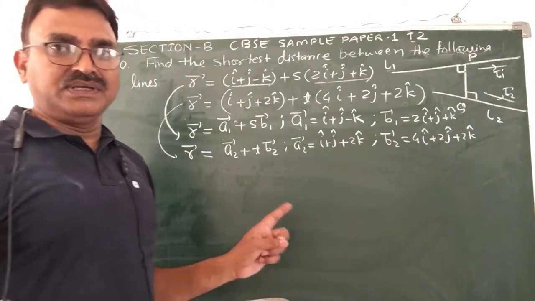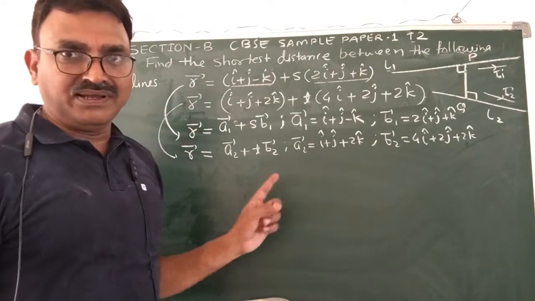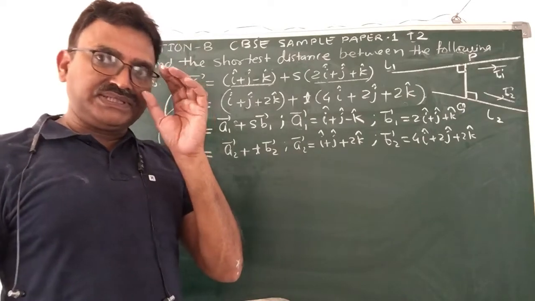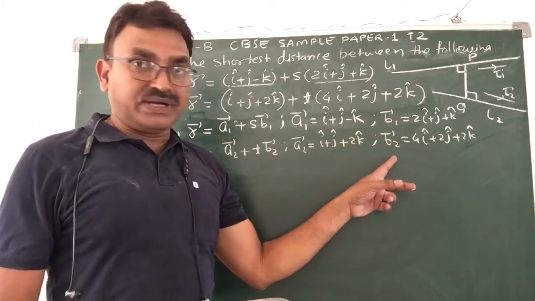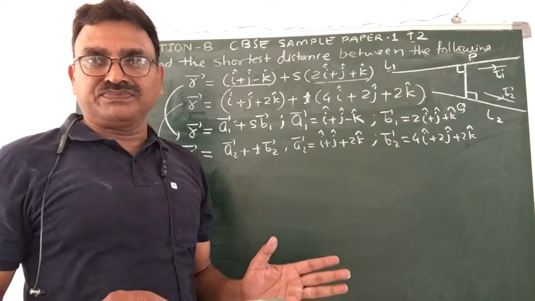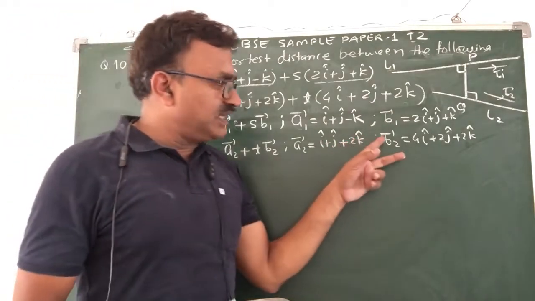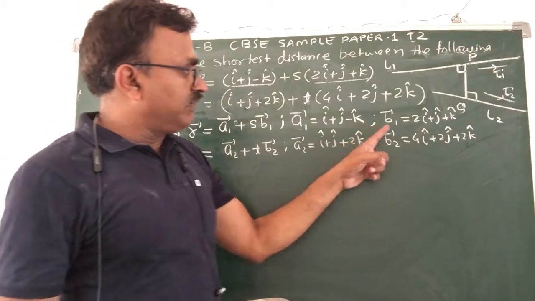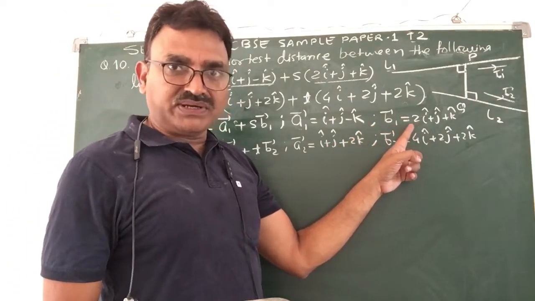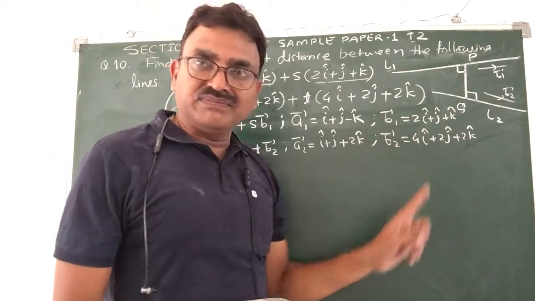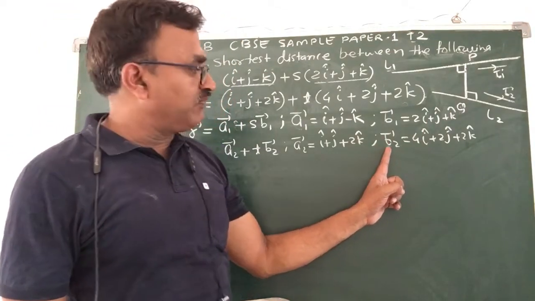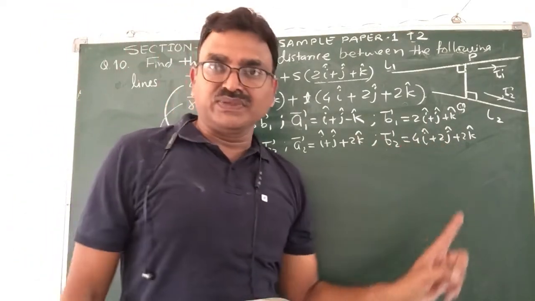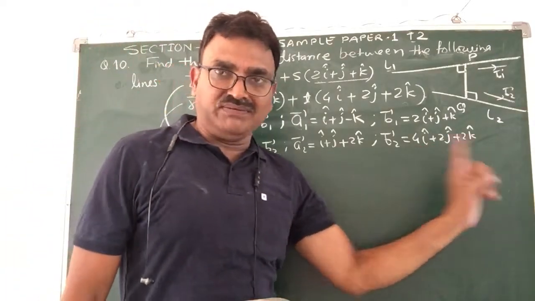But it is very important here: first we check whether b1 vector and b2 vector are parallel or not. The direction ratios of vector b1 are 2, 1, 1, and the direction ratios of vector b2 are 4, 2, 2, which is the same as 2, 1, 1.